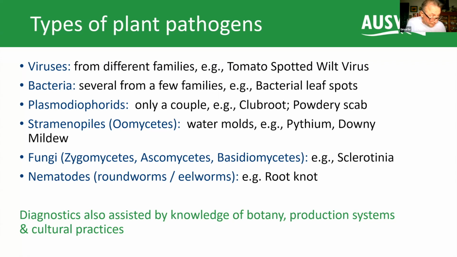And as I said, the diagnostics is assisted by your knowledge of botany. So, for example, if you're looking at a carrot and you know that it's a member of the Apiaceae, you have other members of the Apiaceae that could be affected by the same or very similar pathogens.